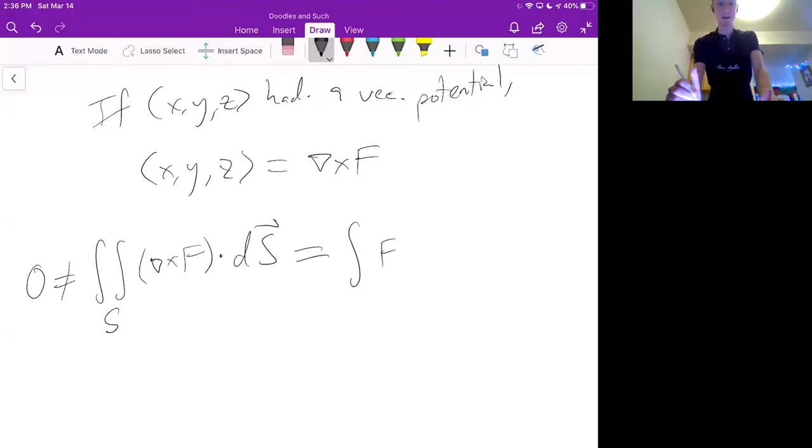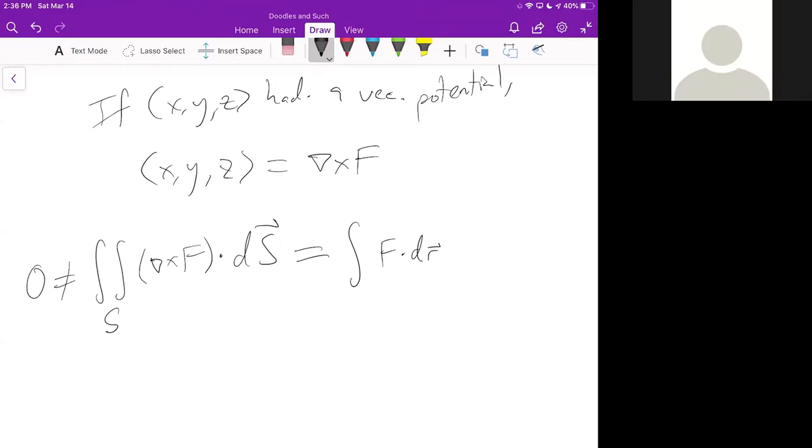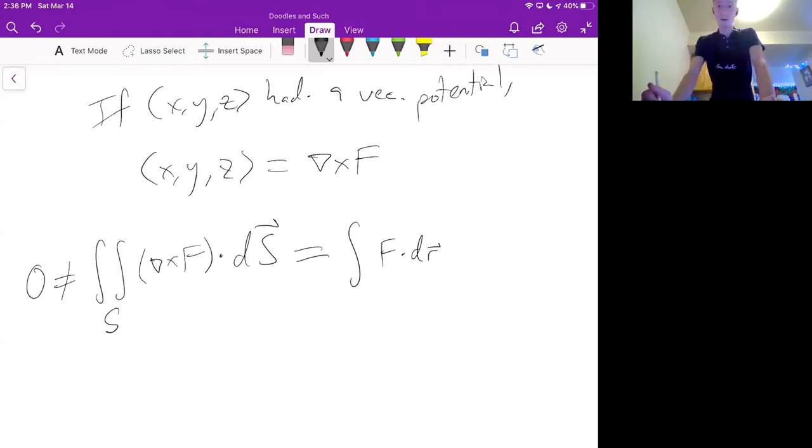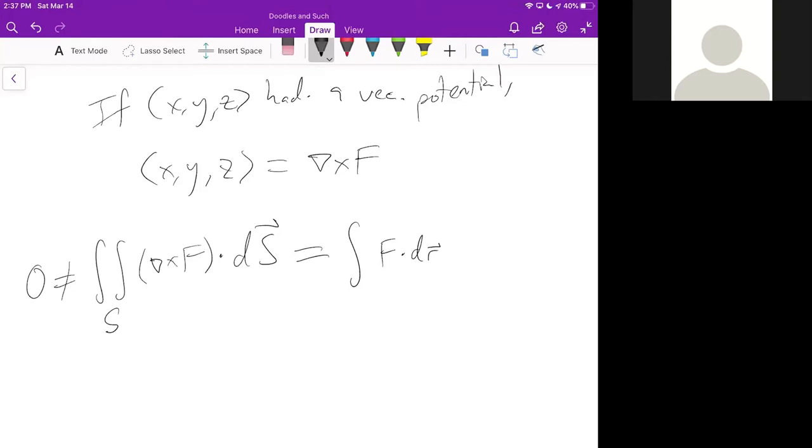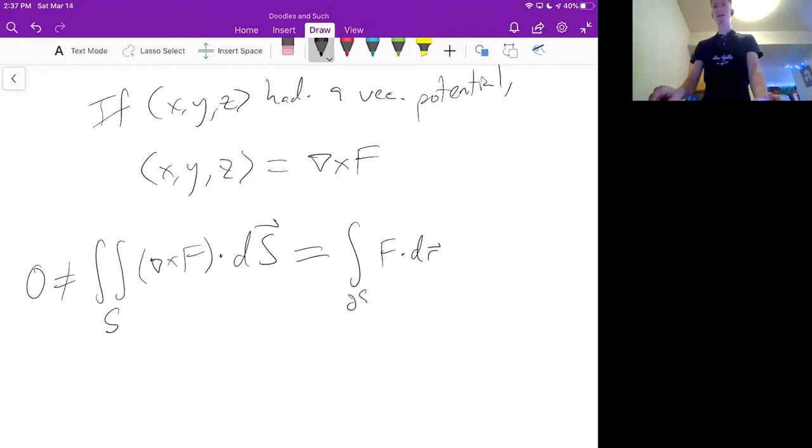Right, exactly. And the circulation of F over what curve? Over the surface of the sphere? Well, not the surface of the sphere, because that's not a curve, right? What does Stokes' theorem tell me I should do the circulation over? Isn't it the boundary of the sphere? Yeah, right.